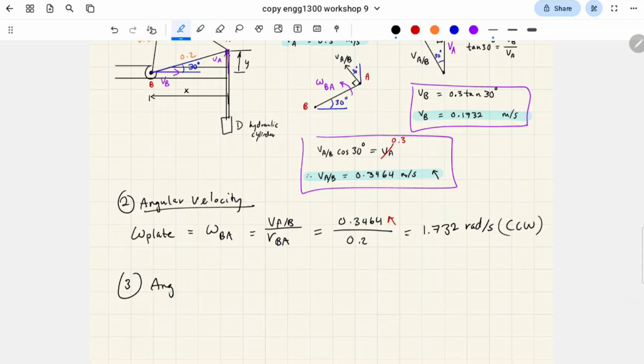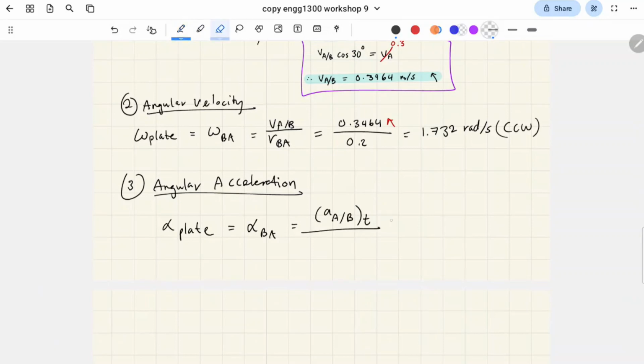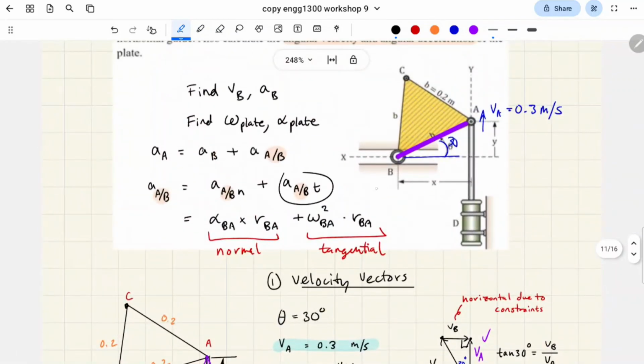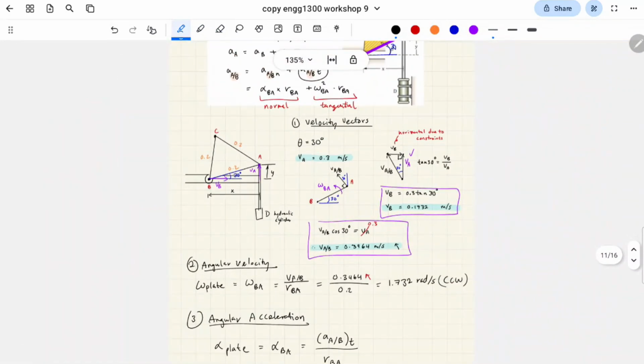Next is angular acceleration. Very similarly, angular acceleration of the plate is equal to the angular acceleration of BA, which is... so do you remember that formula I wrote earlier? From here, wrong one.